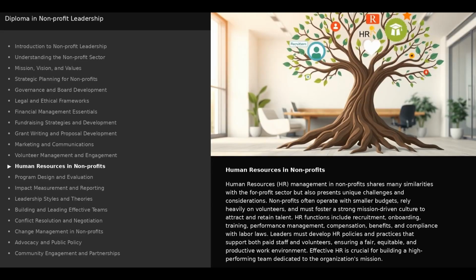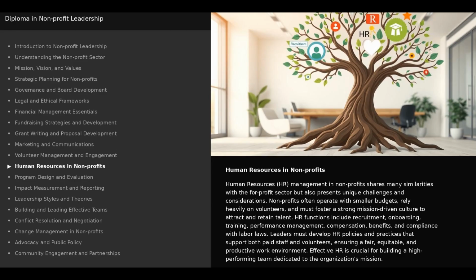Human resources (HR) management in nonprofits shares many similarities with the for-profit sector, but also presents unique challenges and considerations. Nonprofits often operate with smaller budgets, rely heavily on volunteers, and must foster a strong mission-driven culture to attract and retain talent.